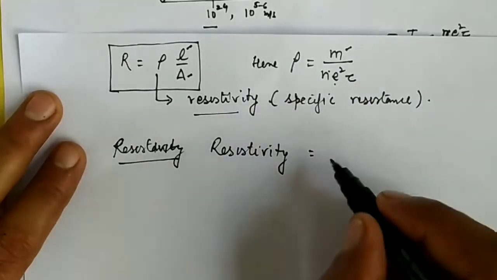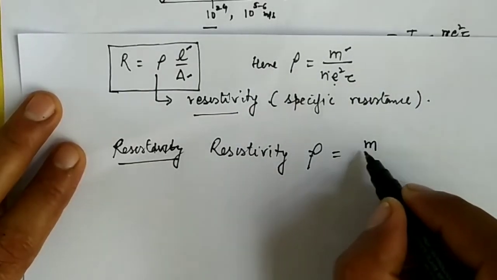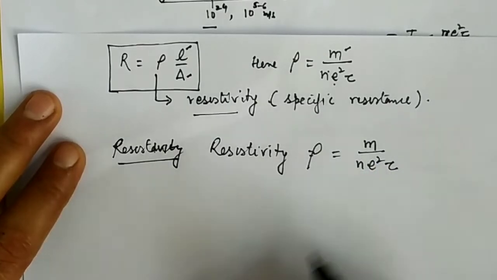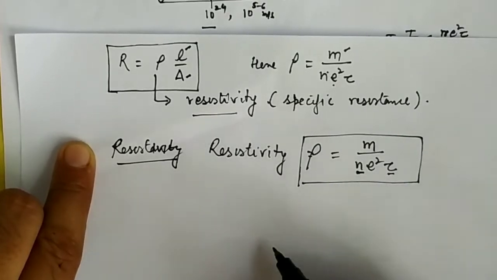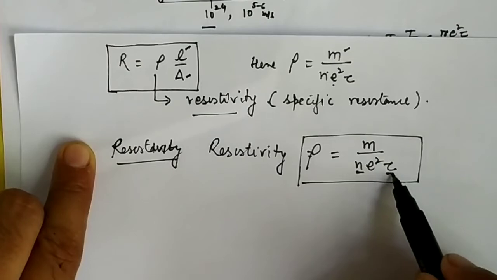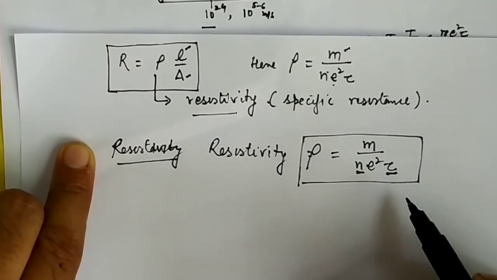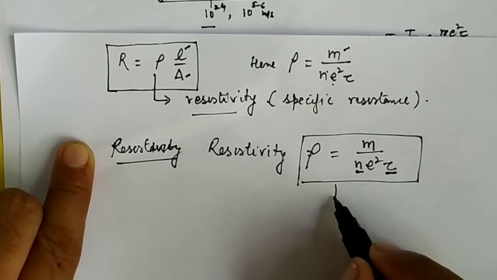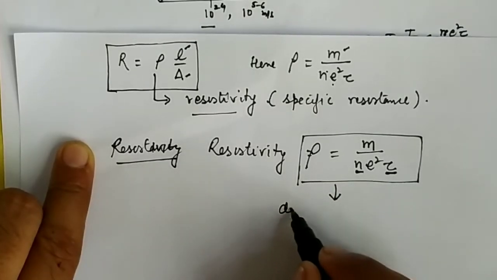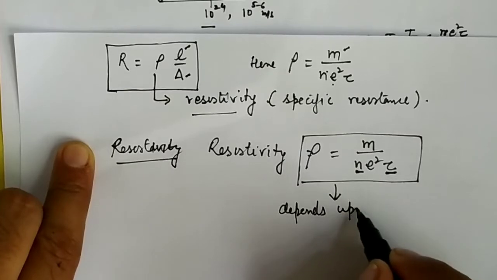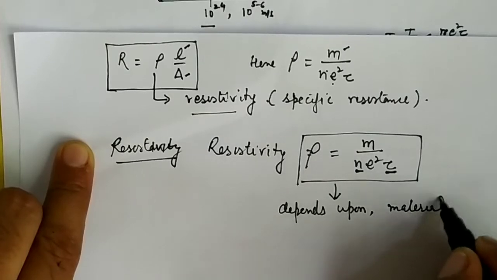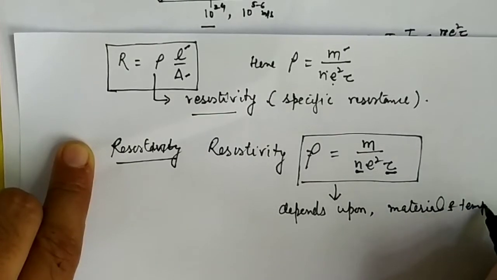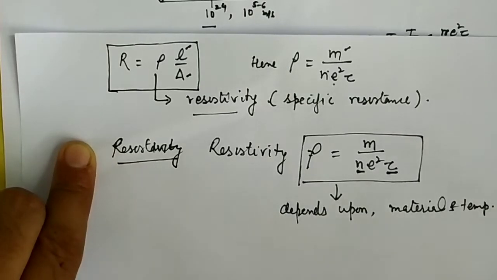From here, the resistivity rho is equal to m by n e square tau. It is a material property, meaning it depends on the number of free electrons and the relaxation time, and relaxation time also depends upon the temperature. So resistivity depends upon two factors: material and temperature.